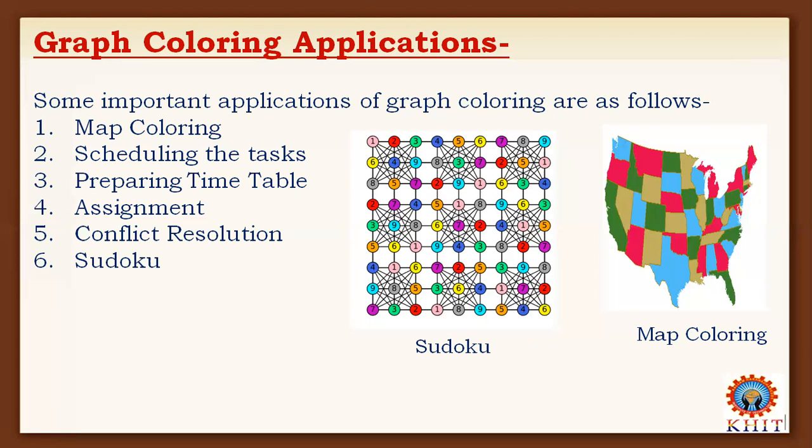The next important application of the graph coloring problem is Sudoku. This is a game, which we can call a Sudoku game. In it, we need to color each and every vertex with different colors by satisfying some constraints. That is called the graph coloring problem.